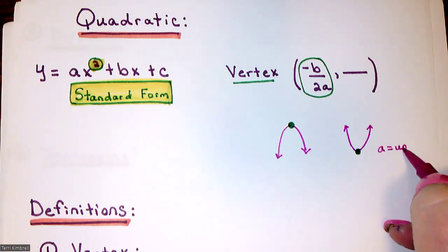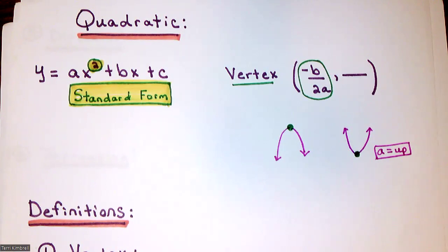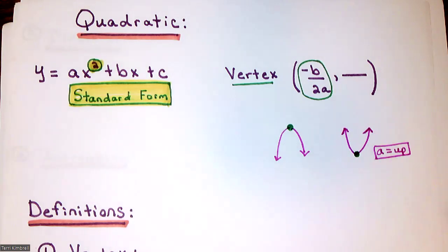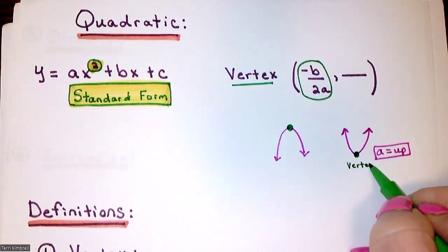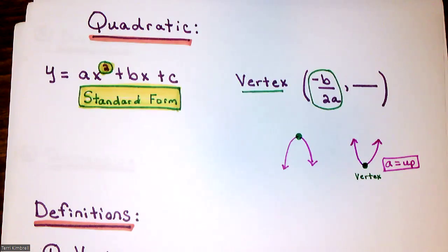When I'm saying up, it means that your A is going to be positive. So if your A is positive, the parabola is going to open up. Your vertex is going to be this low point right there. That's going to be your vertex of the parabola.